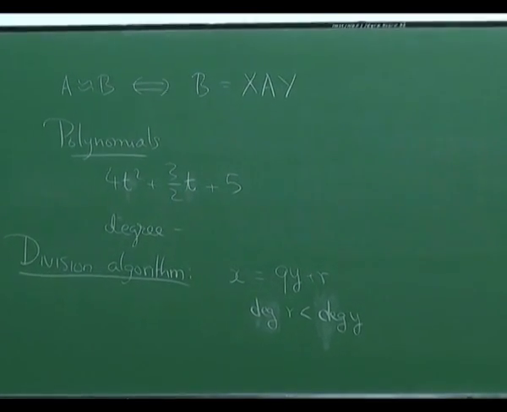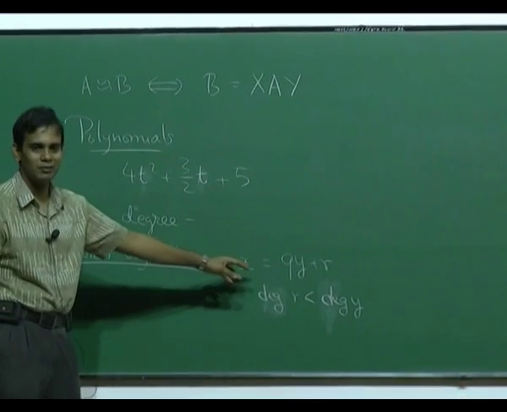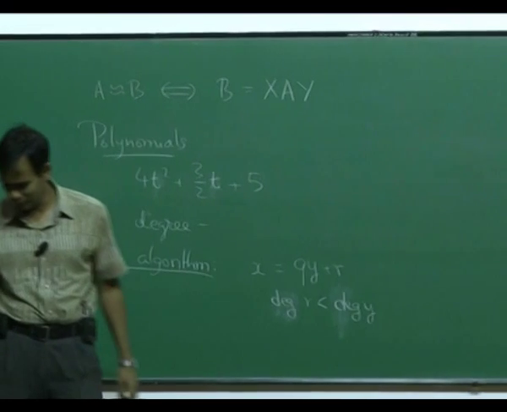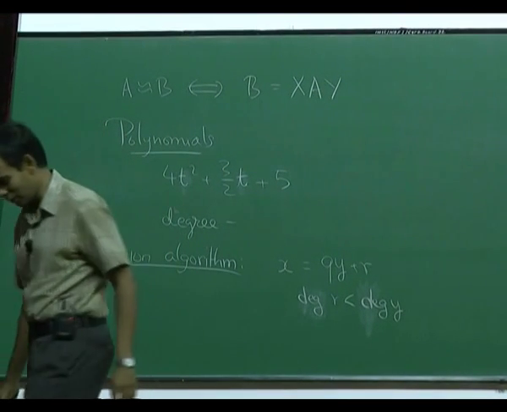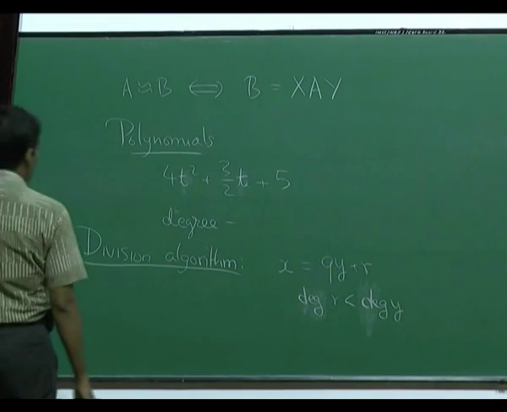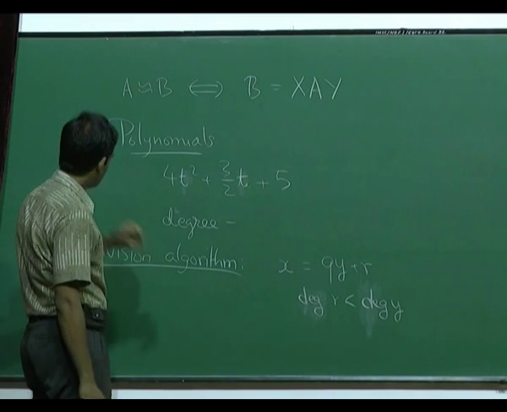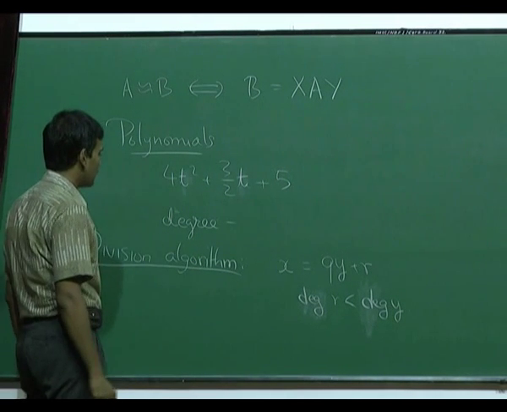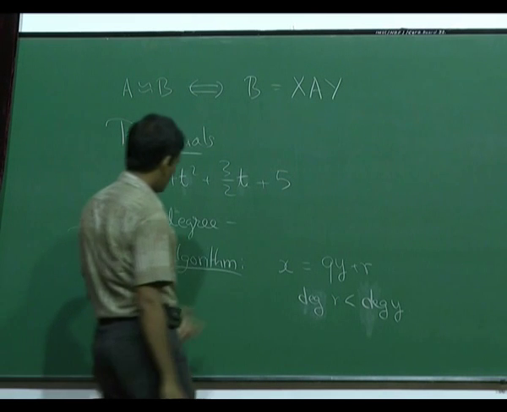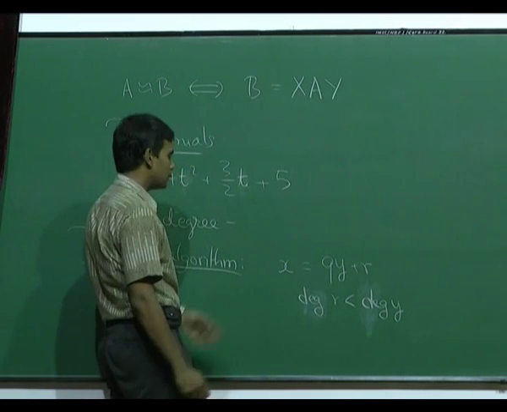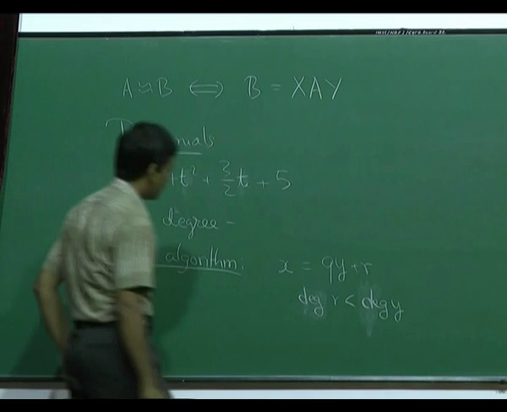So, I will be looking at polynomials in t, otherwise there will be too much confusion if x is a polynomial and x is also a variable. So that's the division algorithm. And how do you do this? It's the same, long division.